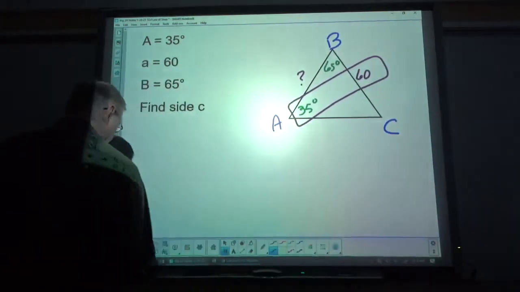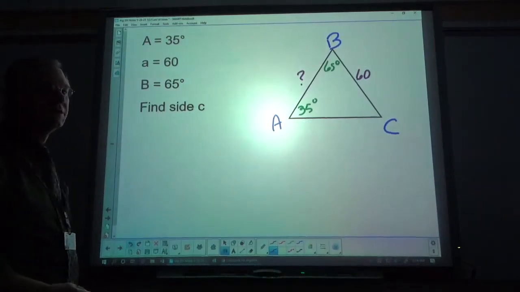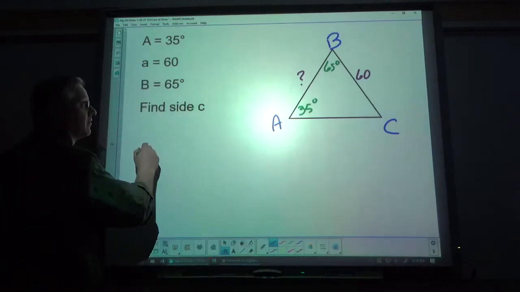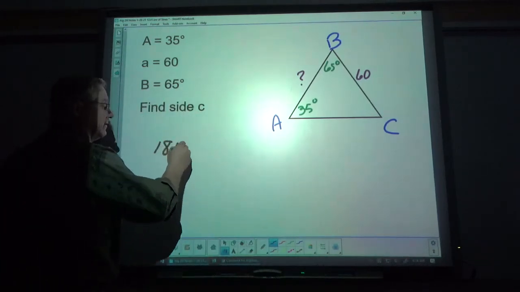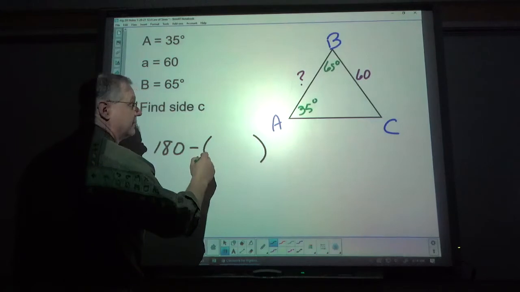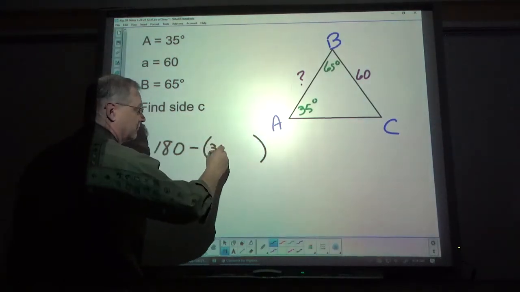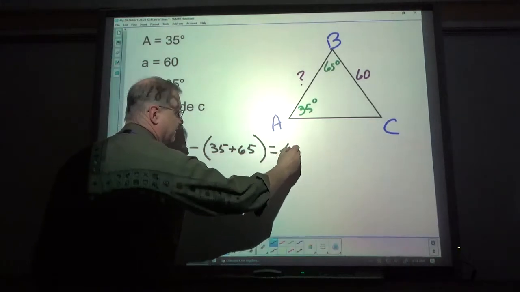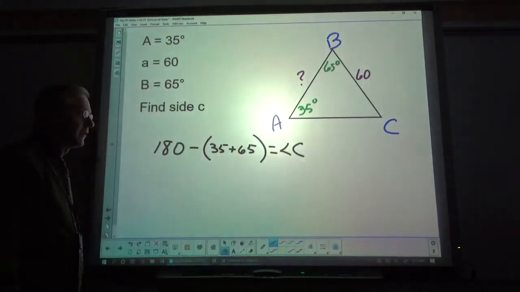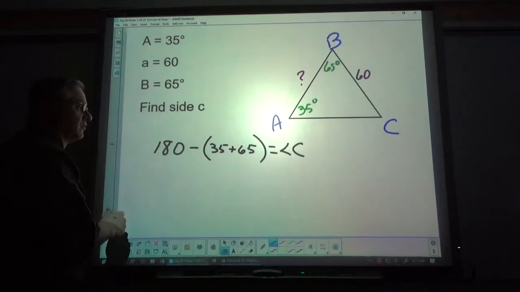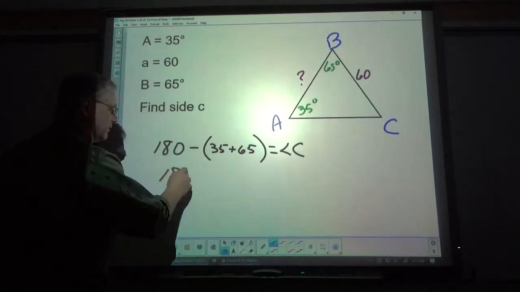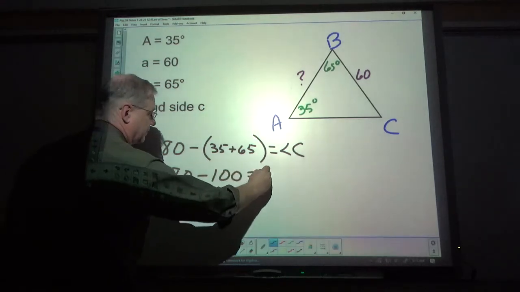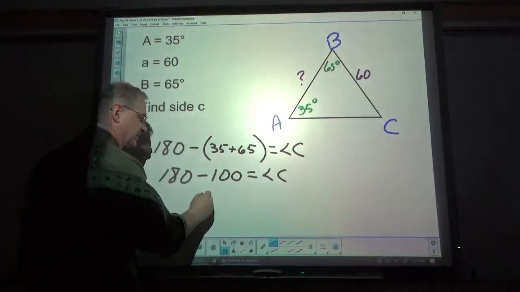Well, right now I don't have enough information, but to find that remaining angle, 180 minus the sum of the two angles, 35 plus 65, that's going to give me angle C. All right, so 35 and 65, add those together is 100, and so that's 80.